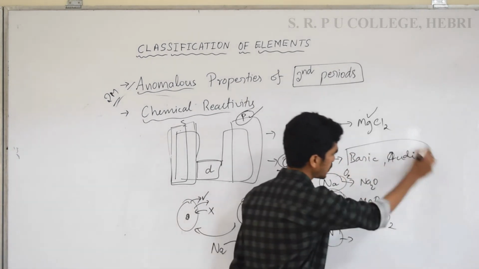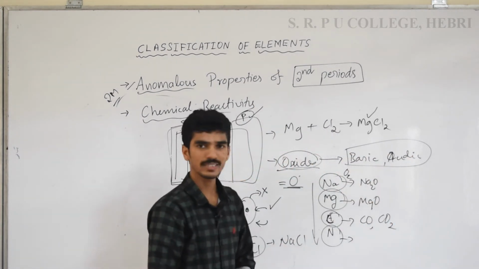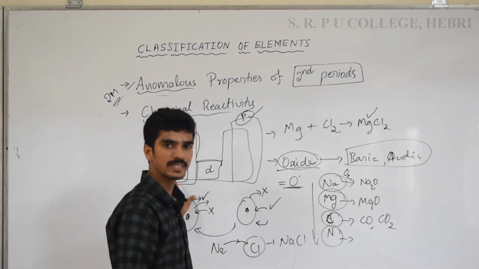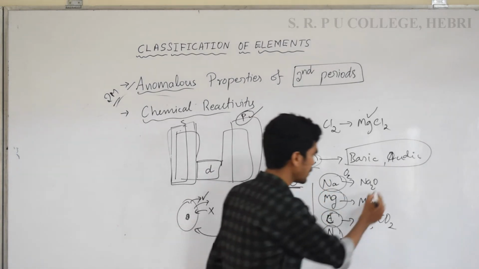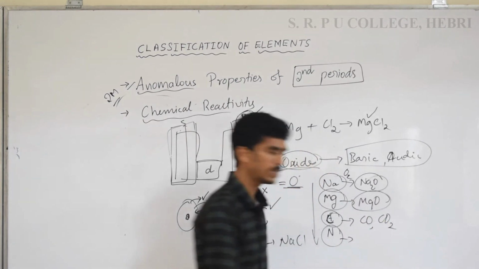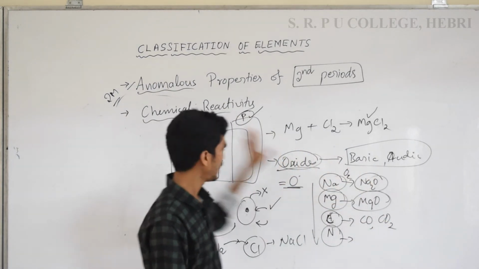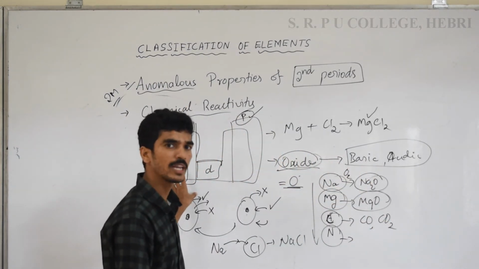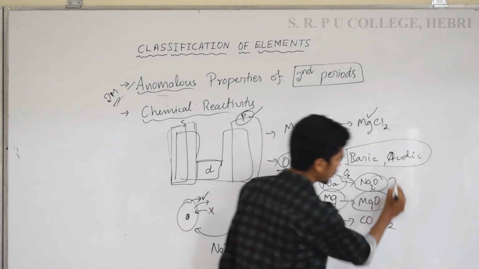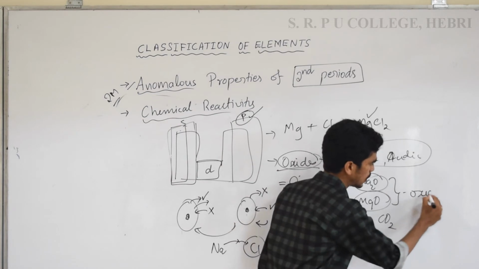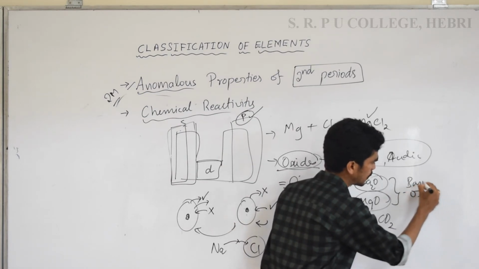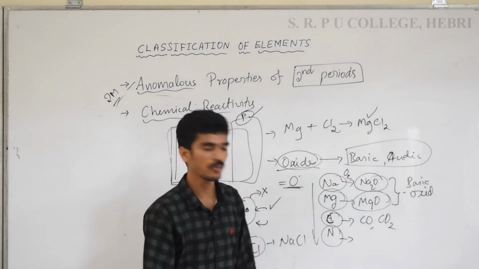These two are the major types, basic and acidic. Leftmost elements can combine with oxygen to form basic oxides. For example, Na2O and MgO, these are leftmost elements, that means S block elements. In general, S block elements combine with oxygen to form basic oxides.